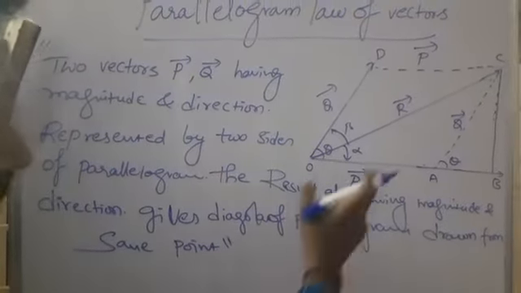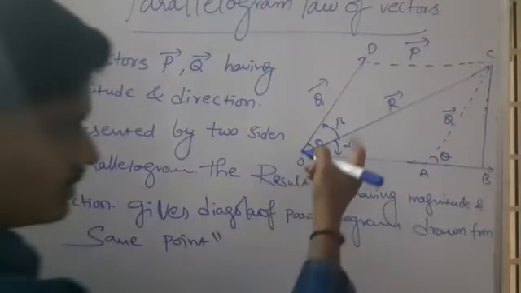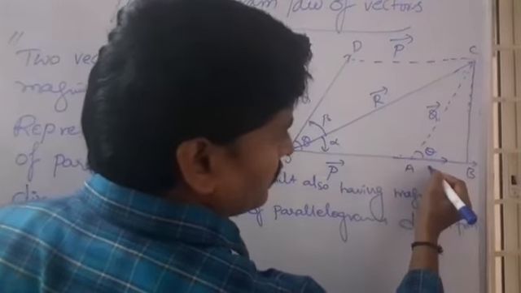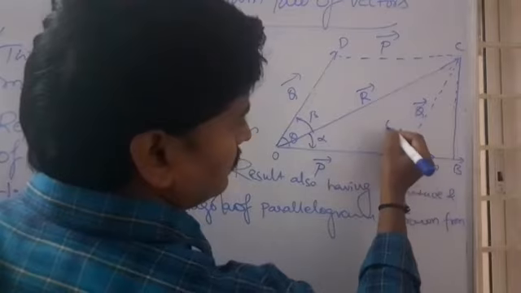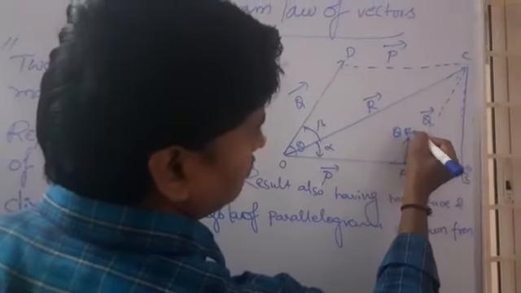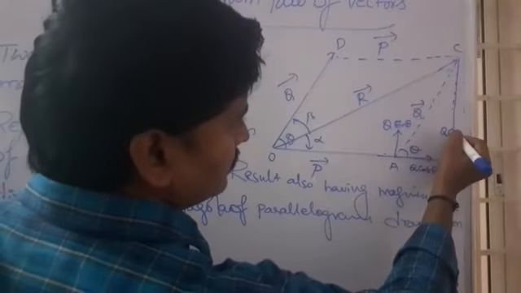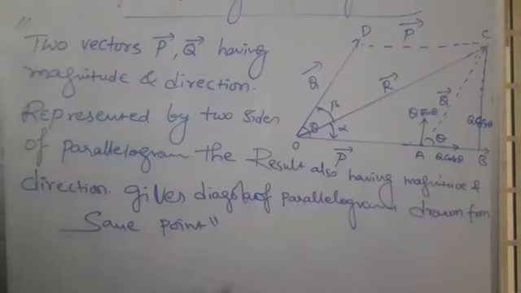So now we are going to find the resultant R bar. This is the Q vector, broken up into components: Q cos theta, and this is Q sin theta, parallel to this Q sin theta.